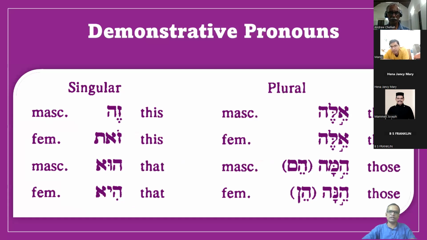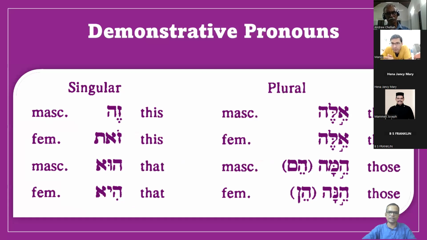When there is a masculine noun, ze will be used. And the plural form of ze, that is these, it is elle. Aleph, sere, lamed with dagesh forte, followed by segol and a. These. Ze, elle. Zot, elle. This, these.